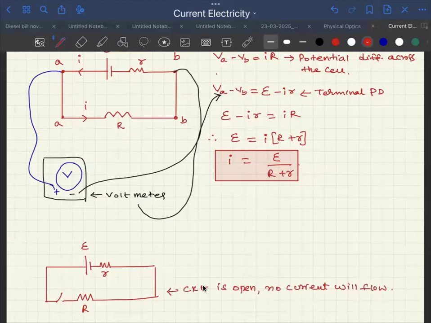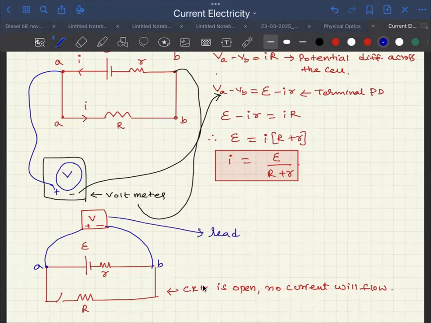Okay, fine. Now you take the same voltmeter here, plus and minus. Again you connect terminal A to the plus of the voltmeter and the minus of the voltmeter to B. Now what will the voltmeter show? What is going to be the reading of the voltmeter?